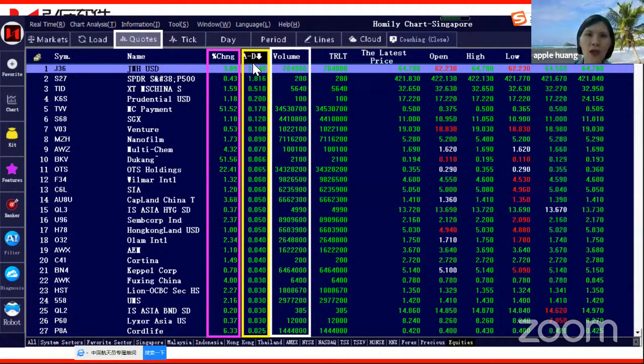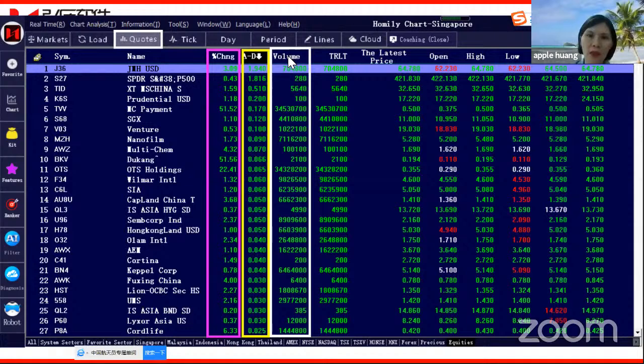Your cursor goes to the item, and then you press the left button of your mouse. Press one time, then the PC Kit will show the stocks in ascending order. You press one more time, then it will be in descending order. So all are the same.